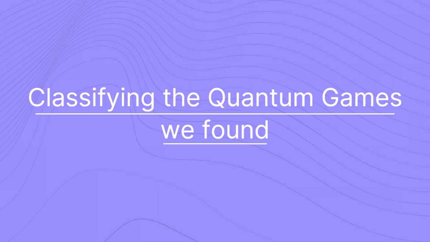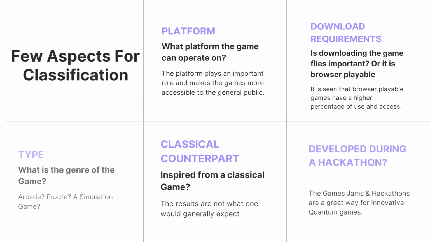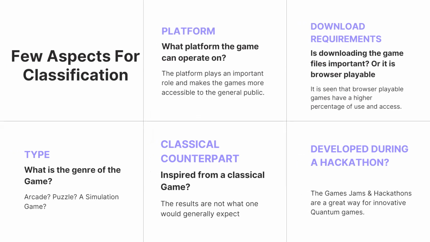So then we had to classify the games, and here we are going to discuss a little about how we did it. First, we had some categories proposed by our mentor, and then in the discussions that we had, we added some more that could be very useful to understand the landscape of quantum games right now.